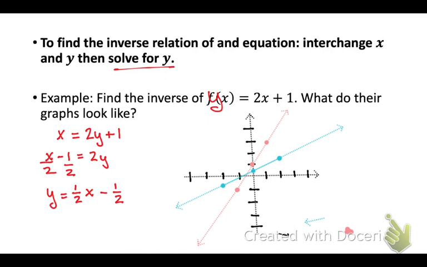What did those points touch? Why did I say something's wrong? What line should it reflect across? The x equals y, right? So the line should go here, here, here, here. Like it should reflect across this line, right?